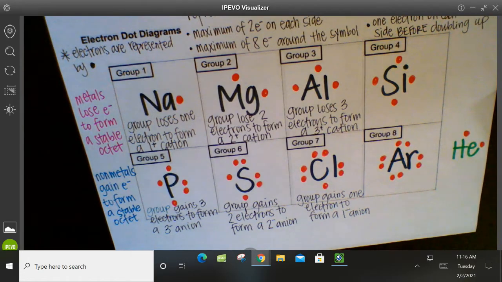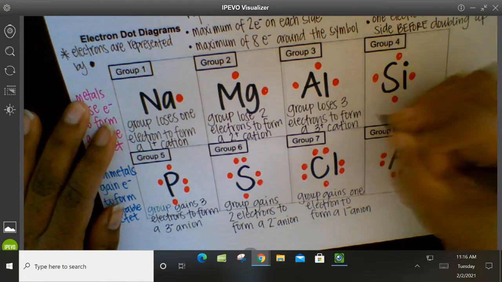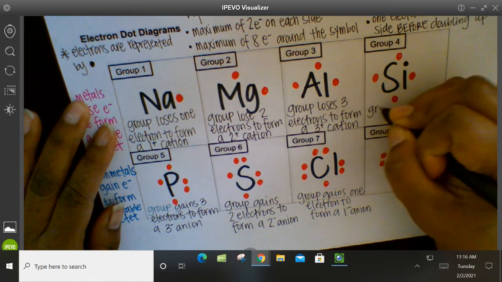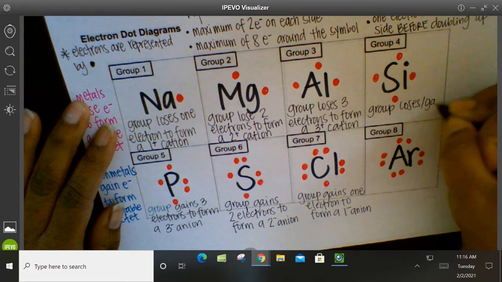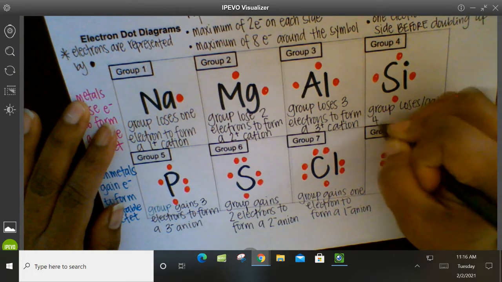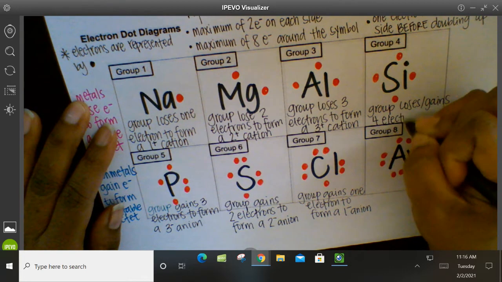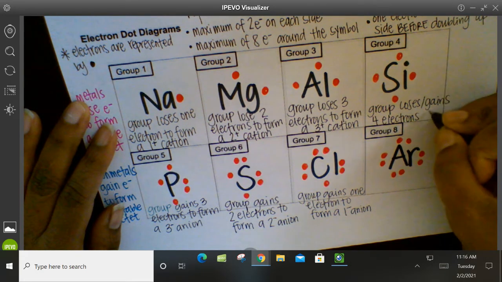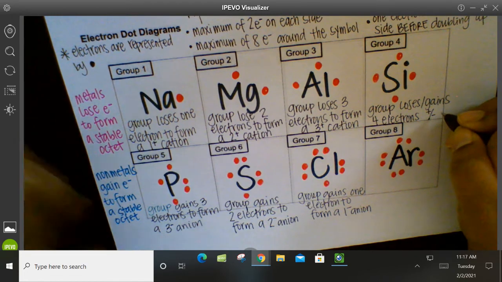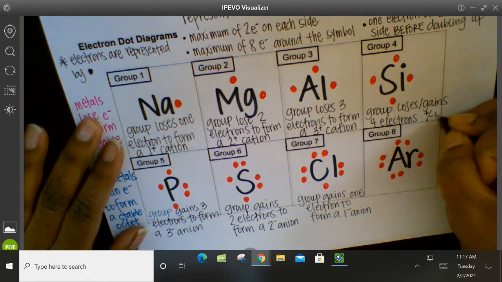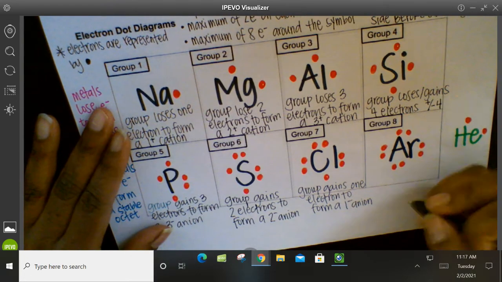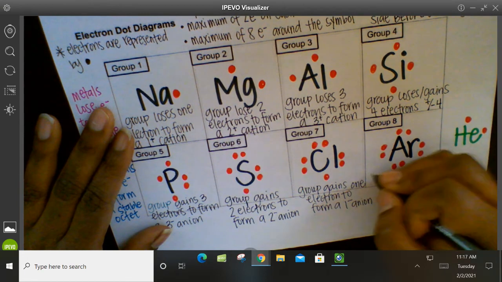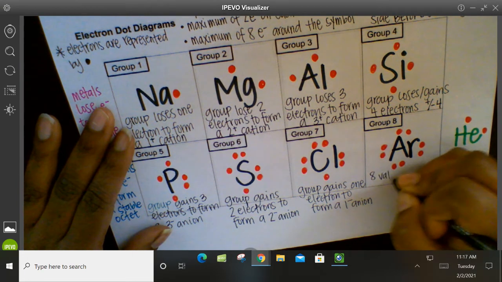All right, so let's look at our other 2 groups that I have not completed. What happens here, like I said, with this group right here, it's like they go either way. So this group, they can lose or gain 4 electrons. So if it's losing, they'll have a cation with a charge of 4 plus. If they gain, they'll have an anion with a charge of 4 negative, okay? And then this group here, they have the 8 valence electrons.